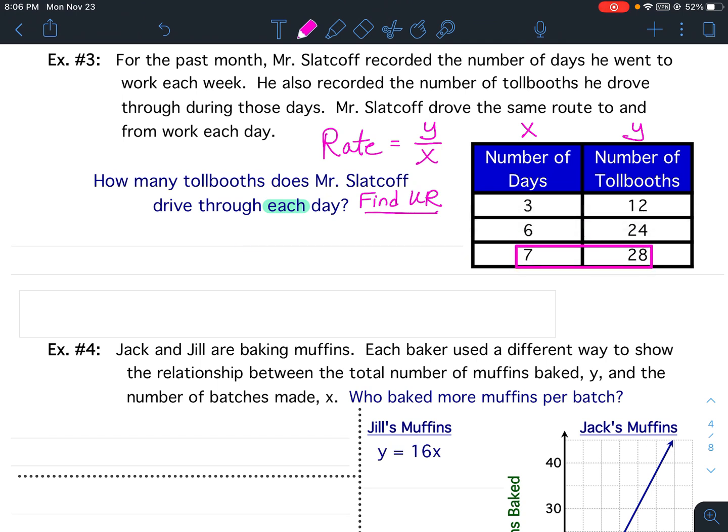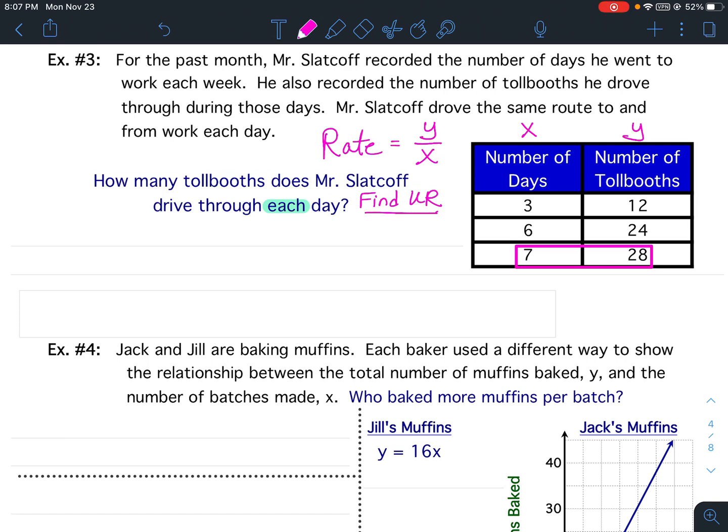It doesn't matter. In the end, you'll get the same answer, because these are proportional relationships. So the slope is the same the whole way throughout the entire problem because it is a line. If the slope is the same, that means the rate of change is the same, which means the unit rate is the same throughout the whole problem.